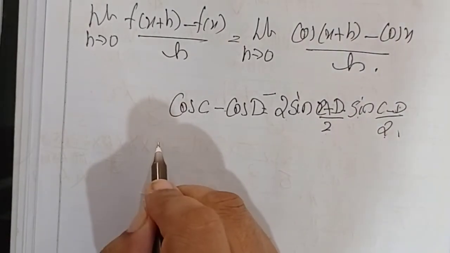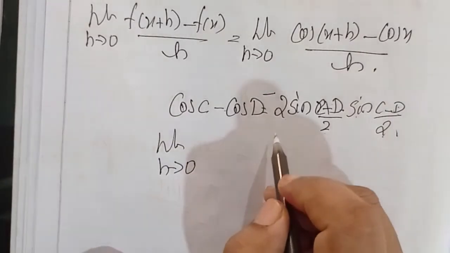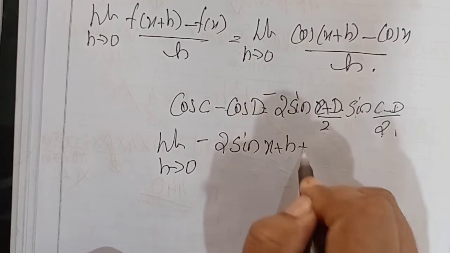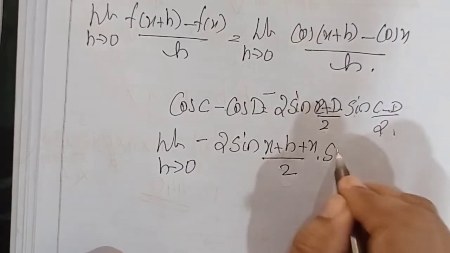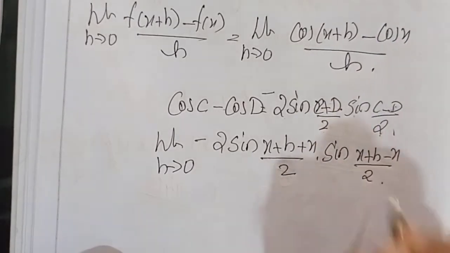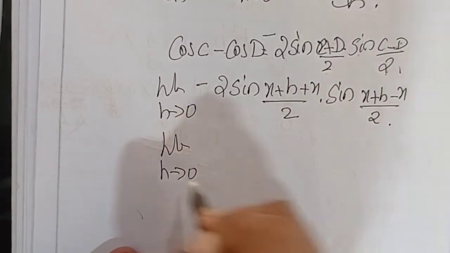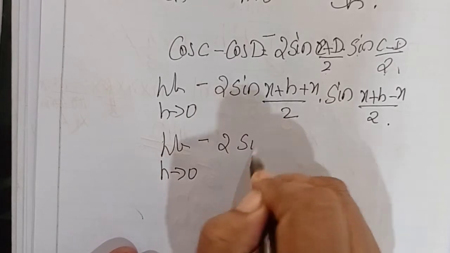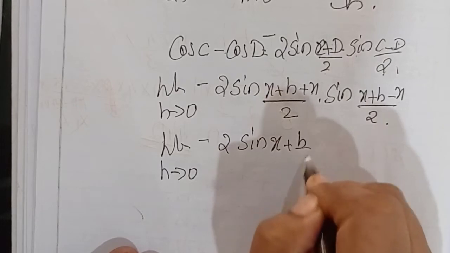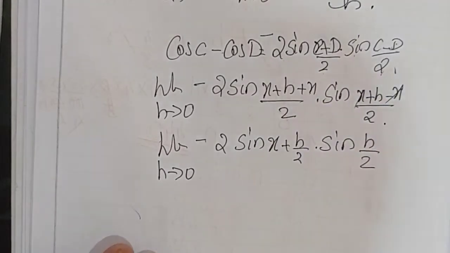Okay, that is, RHS is limit h tends to 0 minus 2 sin of (x plus h plus x) by 2 into sin of (x plus h minus x) by 2. Isn't it? That is limit h tends to 0 minus 2 sin of (2x by 2 is x plus h by 2) into sin of h by 2. x and x cancel here also.